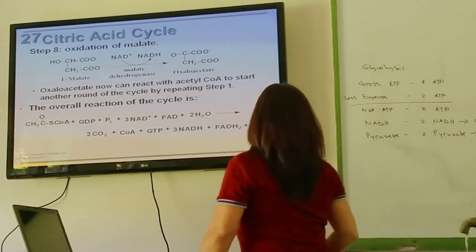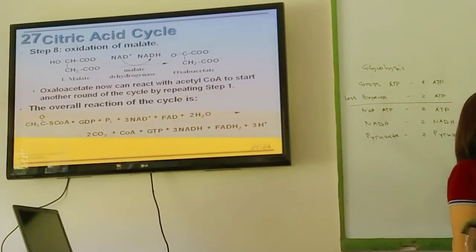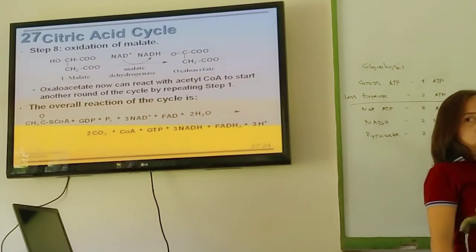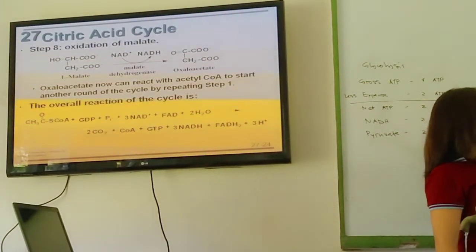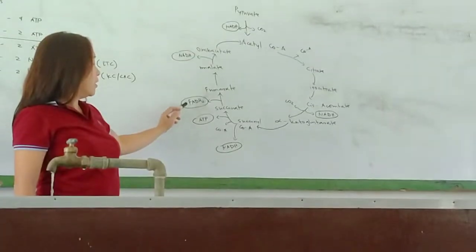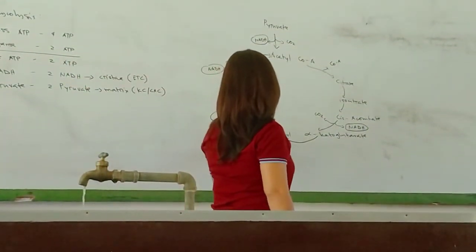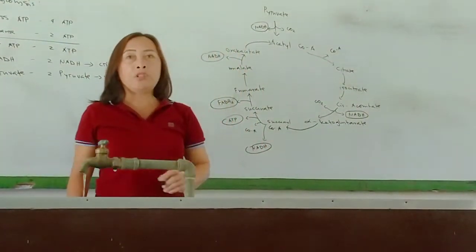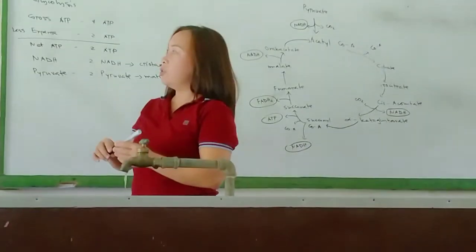So we have here another NADH. I'm highlighting these important molecules because they can still generate energy. You have the NADH, you have the FADH2. You have the GTP or the ATP, which is already used as energy for the cell.